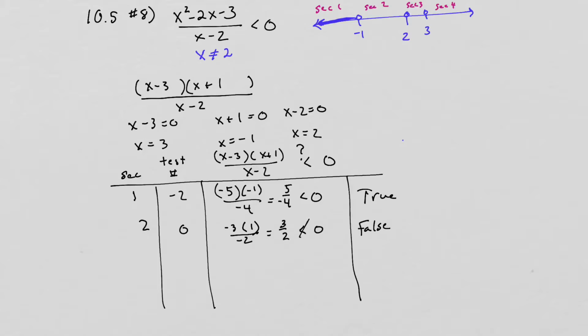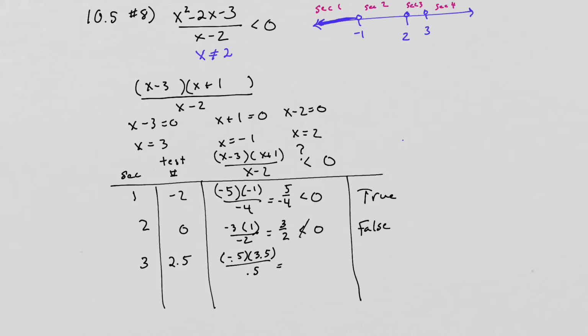And then we go on to section 3. For section 3, I need a number between 2 and 3. I'll pick 2.5. If x were 2.5, I have 2.5 minus 3 is negative 0.5. 2.5 plus 1 is 3.5. Then if we put in 2.5 in the denominator, 2.5 minus 2 is 0.5.